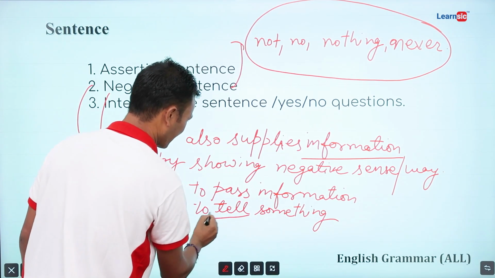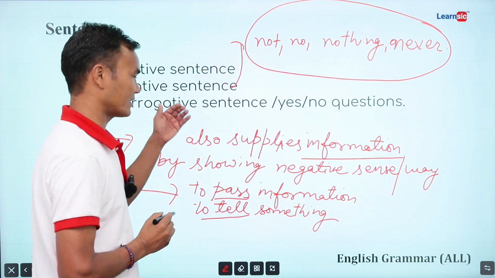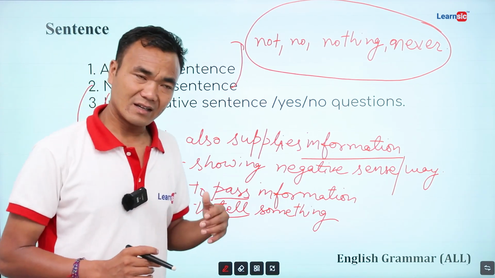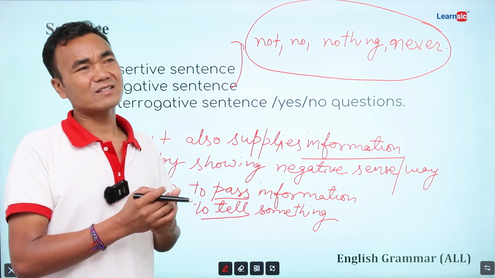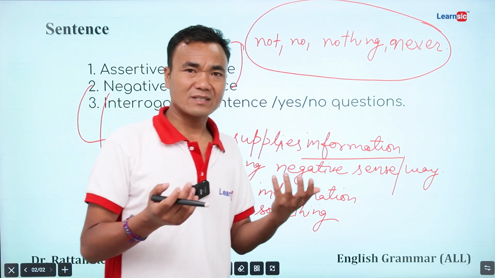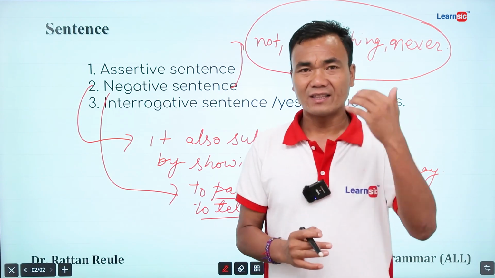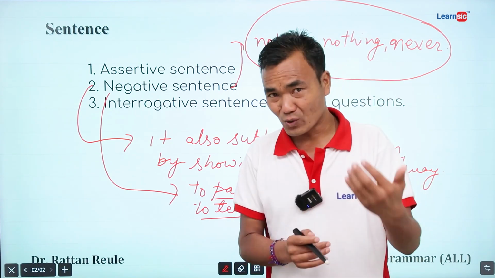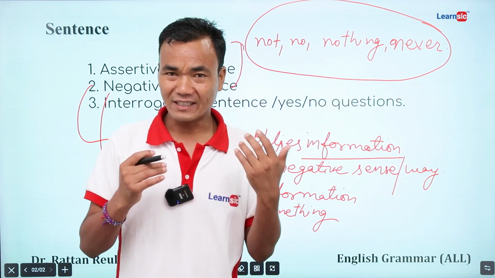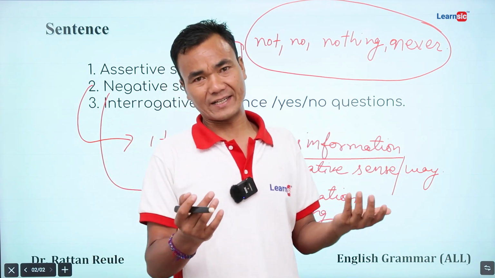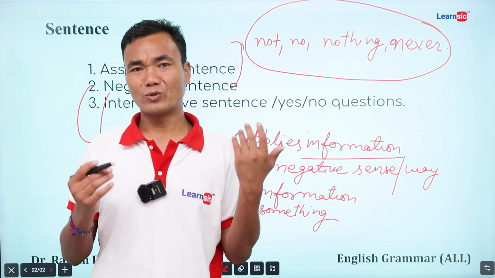The very important function of either an assertive sentence or a negative sentence is that both of them pass the information, they let us know that I am learning English, I am not learning English, I work hard, I do not work hard.